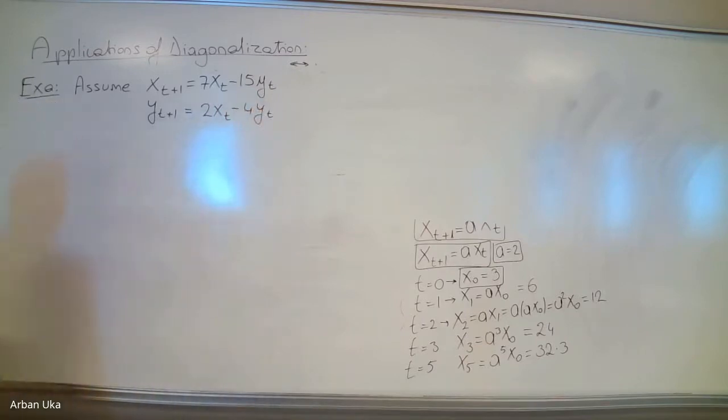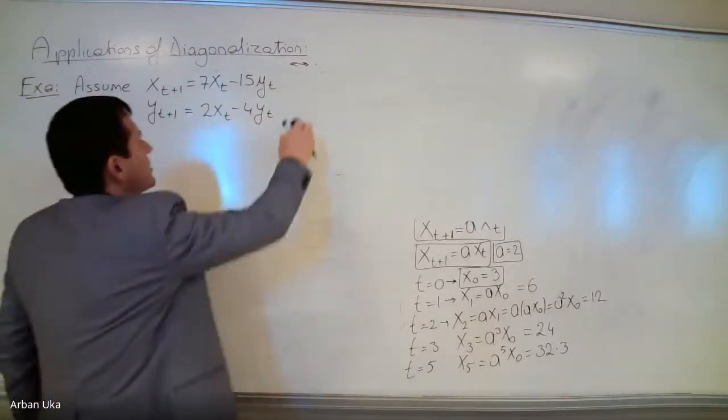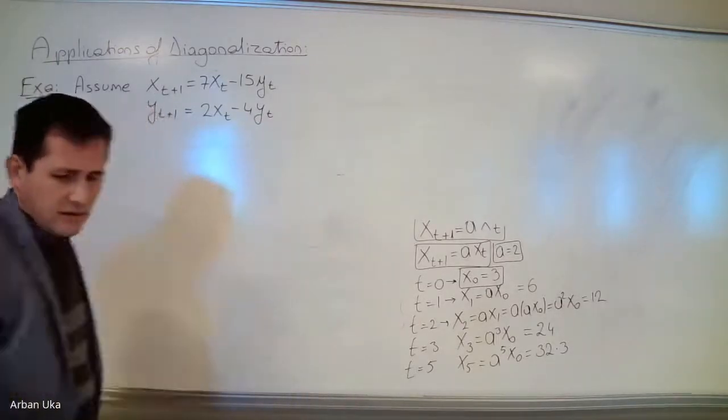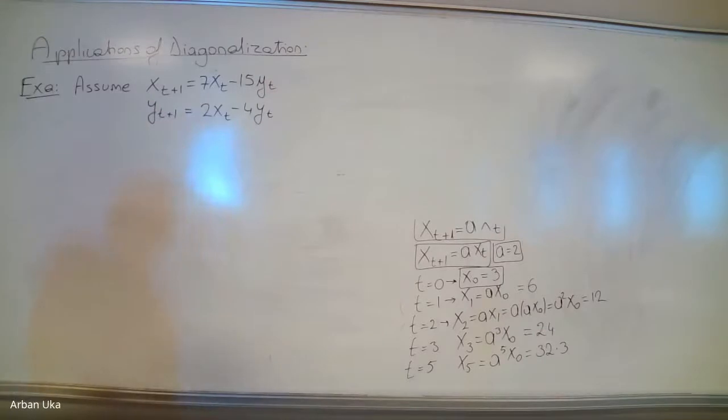Okay? So assume that this x and y can be a pair of numbers which might define a system or some specific values, but apparently they are changing recursively, depending on the previous values. So now this system, we call this one difference equations.